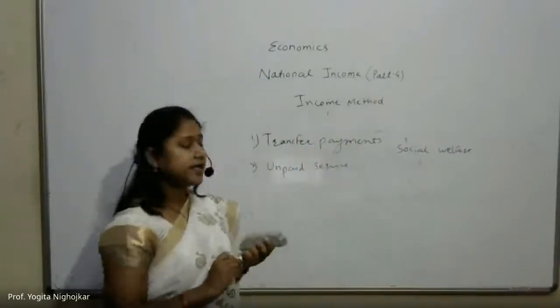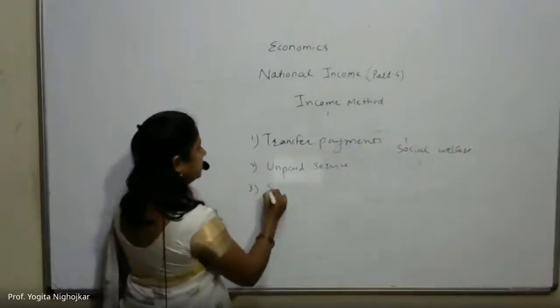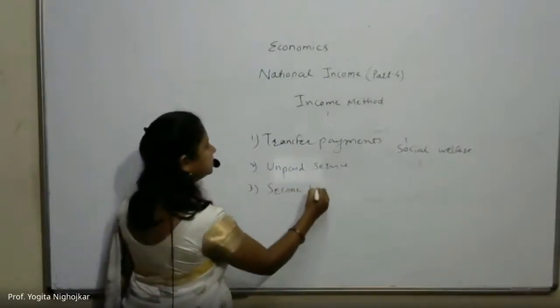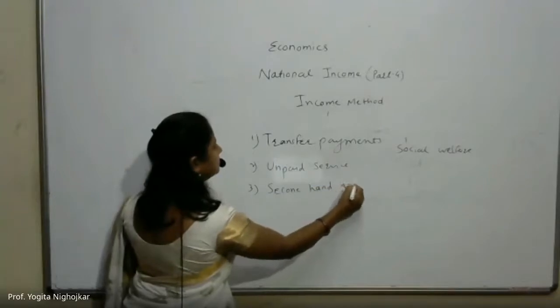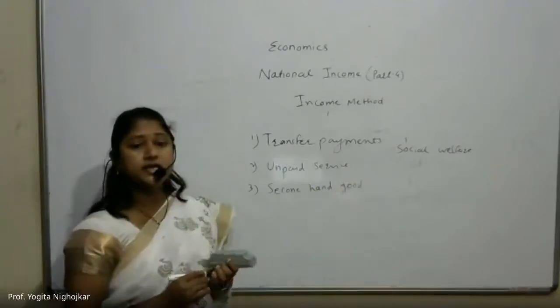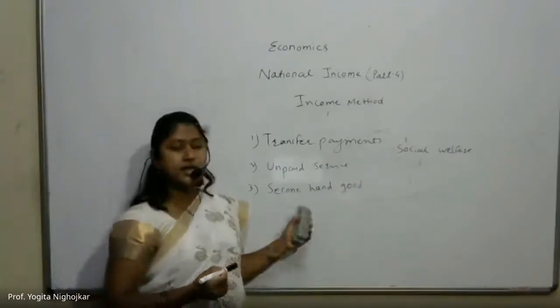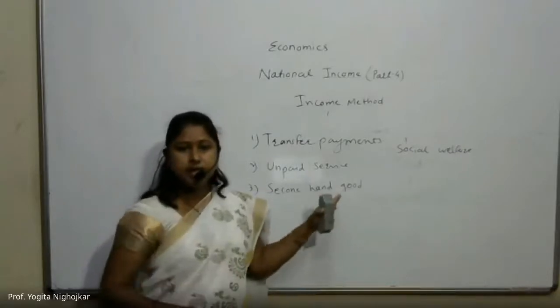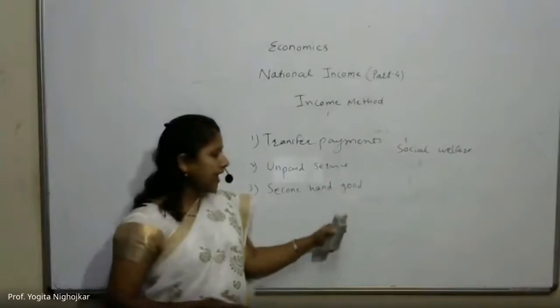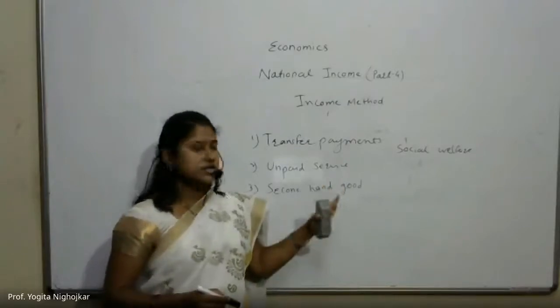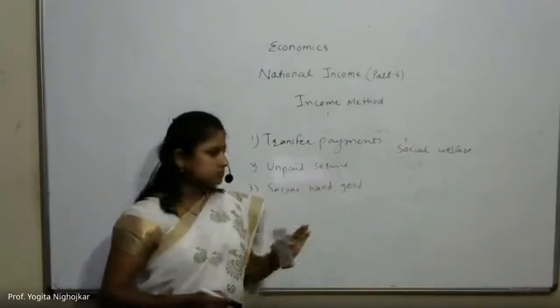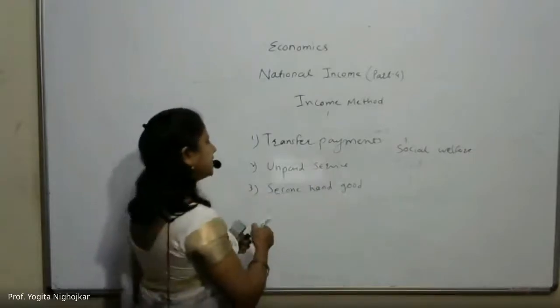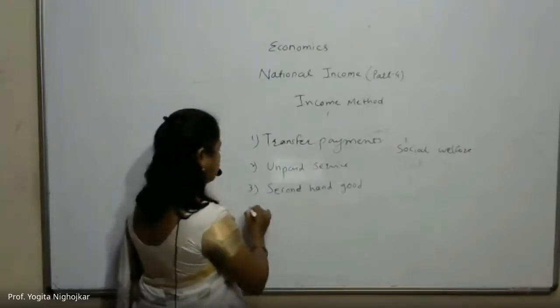Next is second hand goods. Any income from sale of second hand goods like car, house, TV, any good that is second hand, should be ignored.